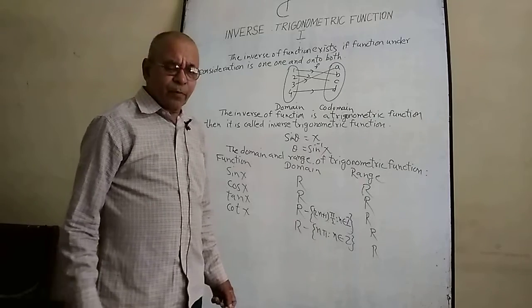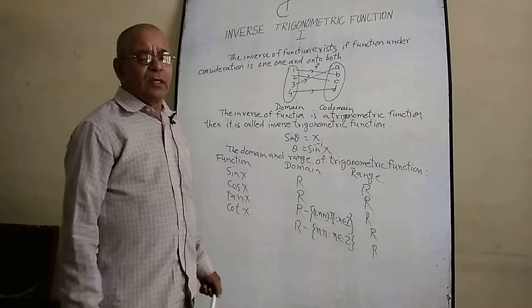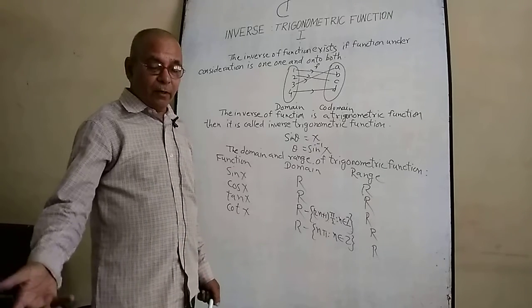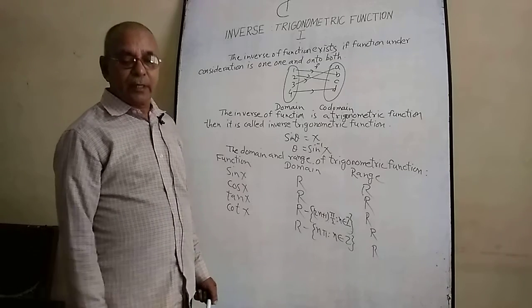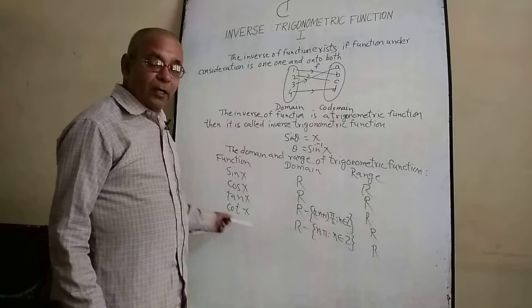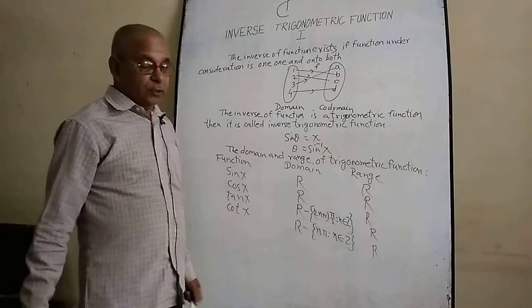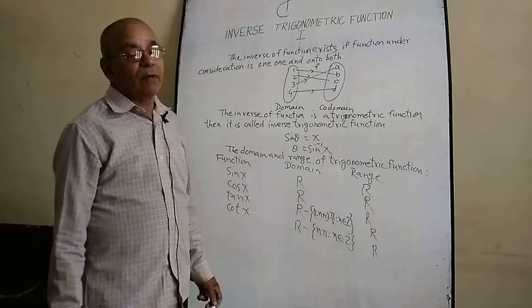Briefly, we can say that sin x and cos x are neither 1-1 nor onto. If they are 1-1 and onto, then they have inverse functions or inverse trigonometric functions. The other functions, tan x, cot x, cosec x, sec x are only onto, but not 1-1.